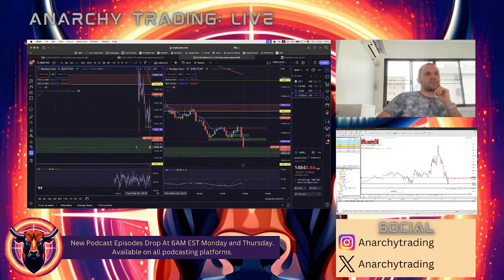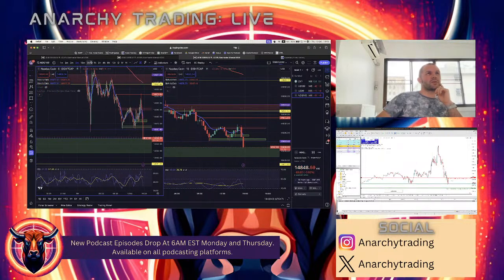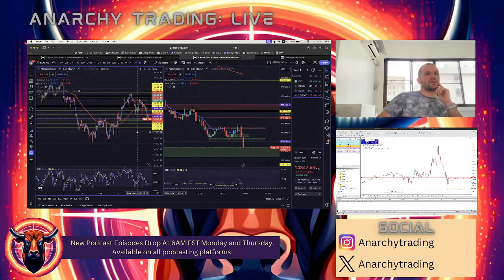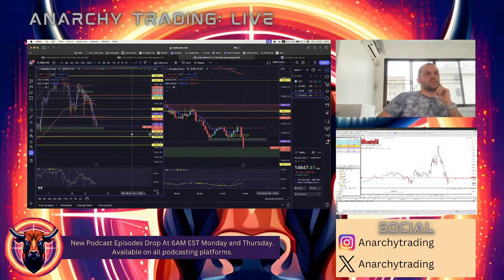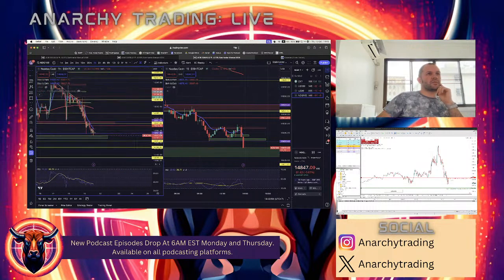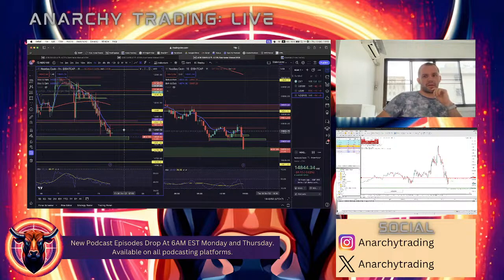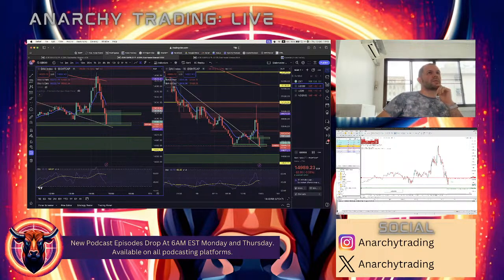We are now going into this big band of hourly support. I think it's hourly support. Yeah, hourly support. We'll see if they can save it here, or if we're just going to now continue to build out of here. But the reason why I took it on DAX in the first place, as I told you, is because I'm definitely short biased on everything.